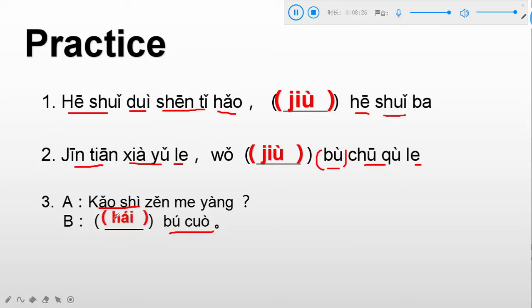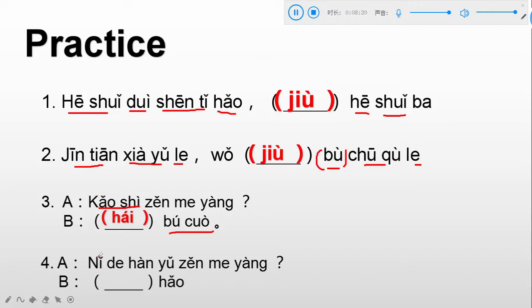Practice number four. A. 你的汉语怎么样？How is your Chinese? And B. 好 is good, which is an adjective. So we say 还好, just at the average level. So here we put 还.